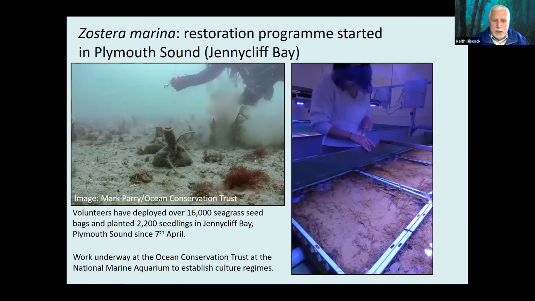And a couple of pictures from the Ocean Conservation Trust. One of the ways in which Hessian bags with seagrass seeds in are being deployed on the seabed is as a way of trying to get the seagrass bed going.